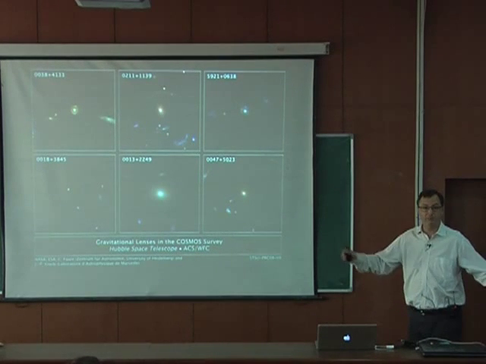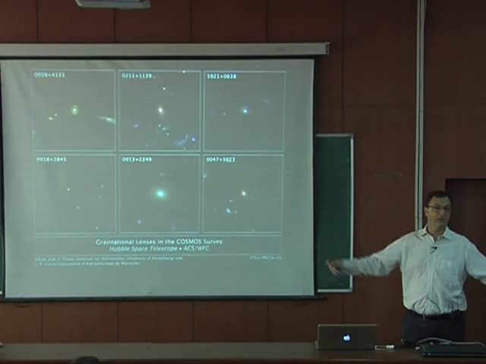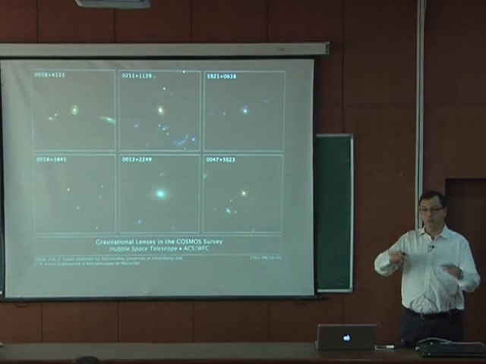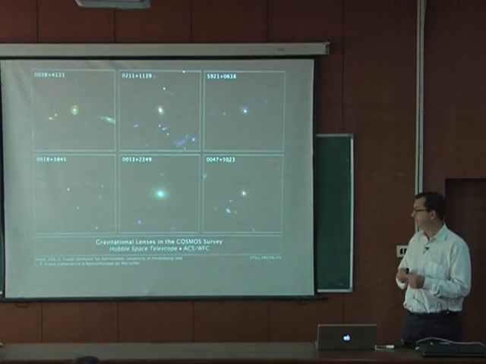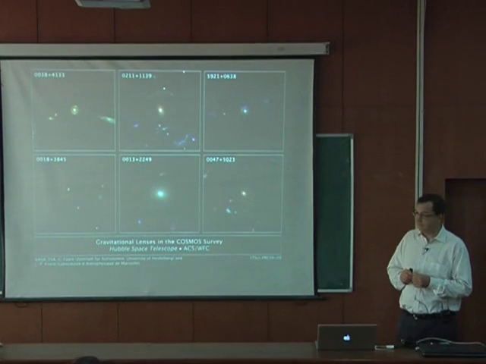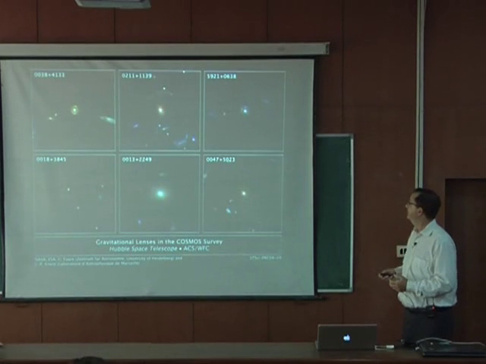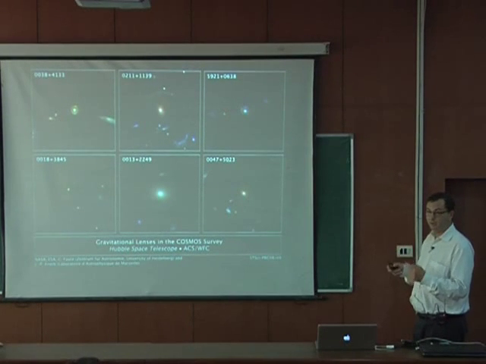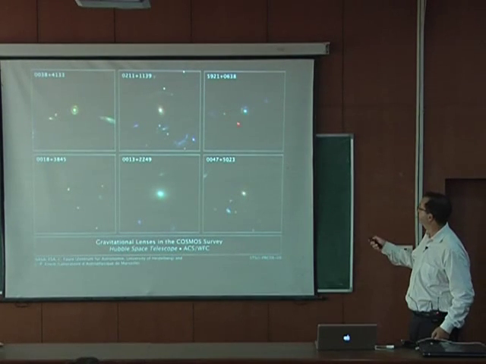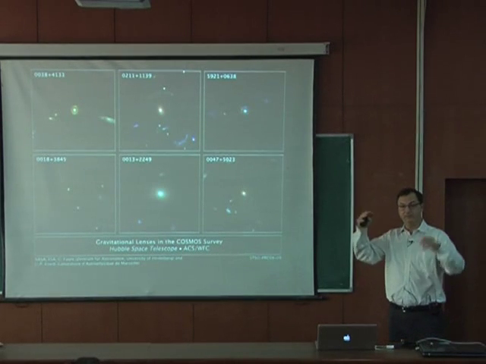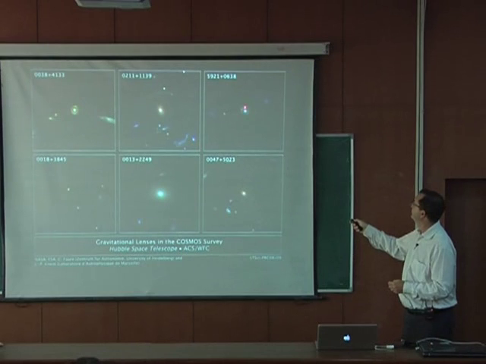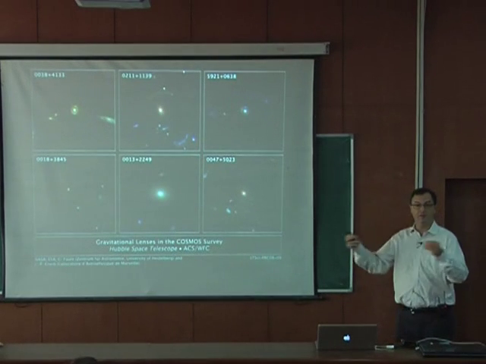Now it takes a long time because you need a very long baseline, typically many years, in order to measure the time delay properly. There's also noise in the measurement. It turns out there's also microlensing, which causes a problem because there are also stars inside the lens galaxy that are moving around, and that tends to produce amplification and de-amplification of some of the images and not the others.